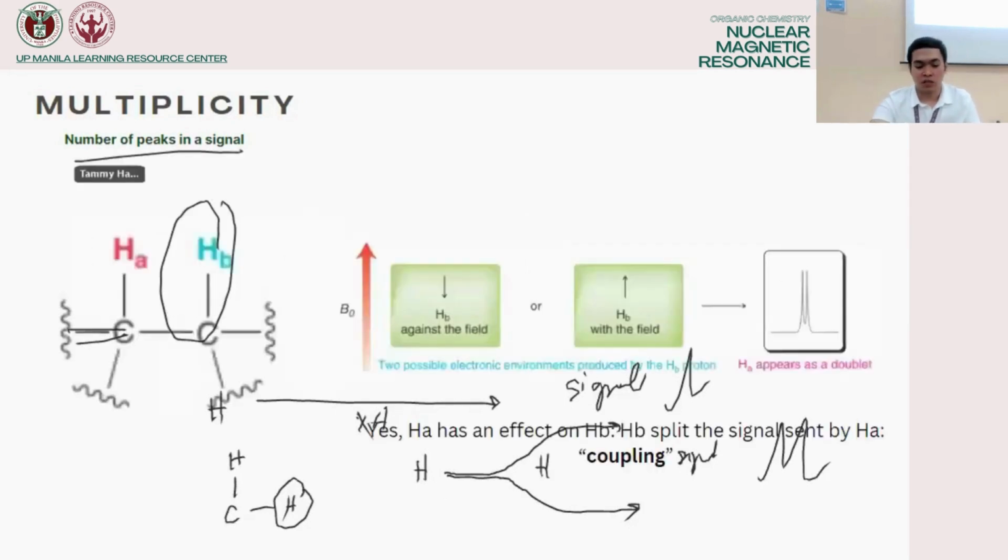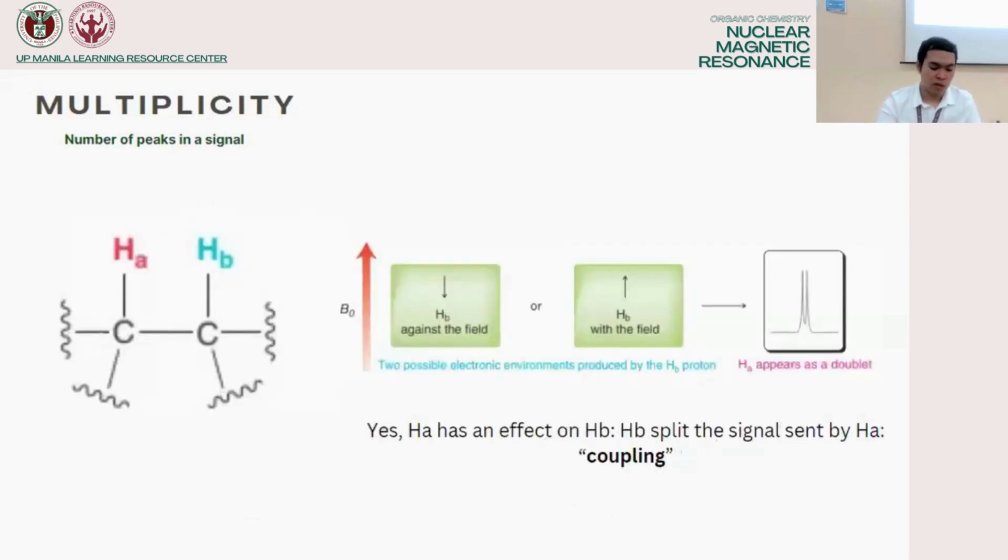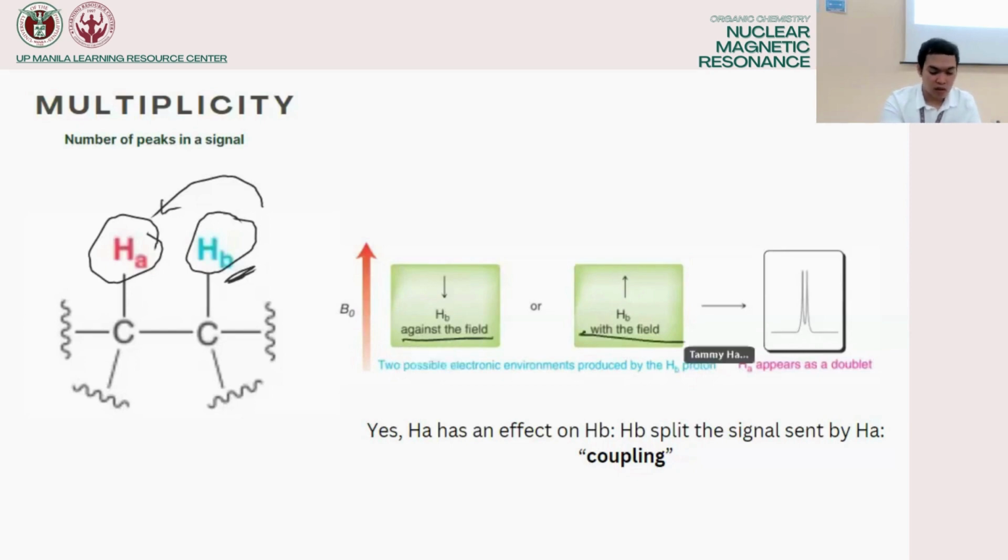So there's a splitting in the peaks. This is a better illustration. Let's have the effect of B on A, on the signal. Based on this, B can have two spins: either against the field or with the field.